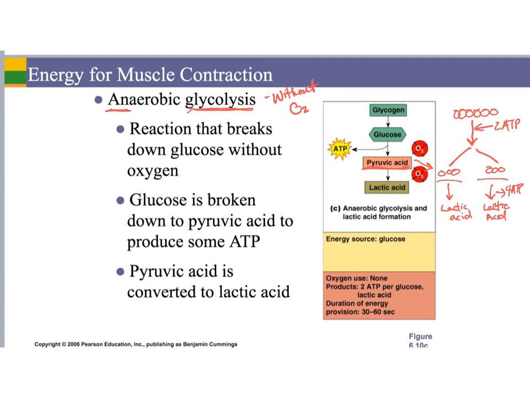We produce 4, and so we have 2 net ATPs from glycolysis.